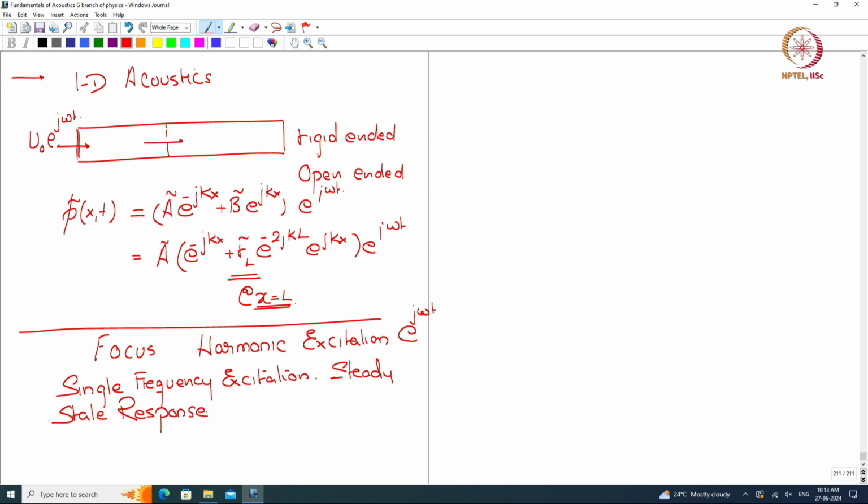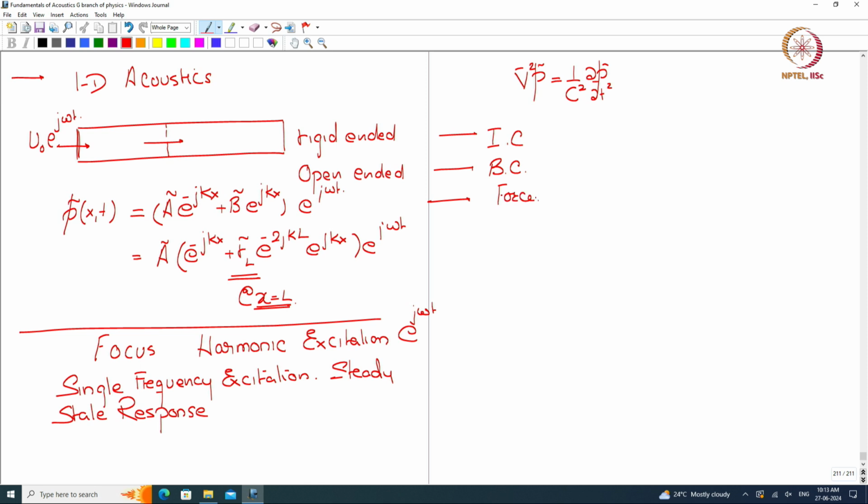Okay, so a PDE like this requires initial conditions, requires boundary conditions, requires a force.